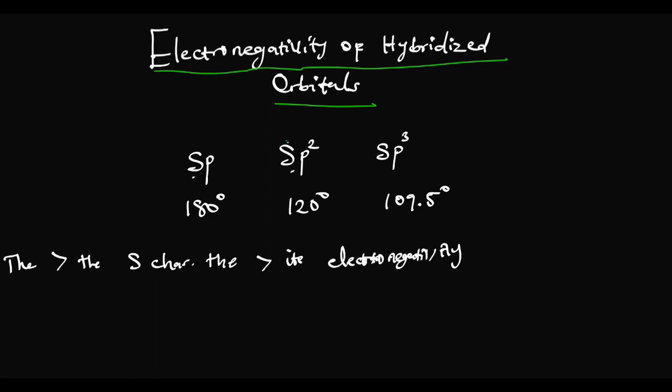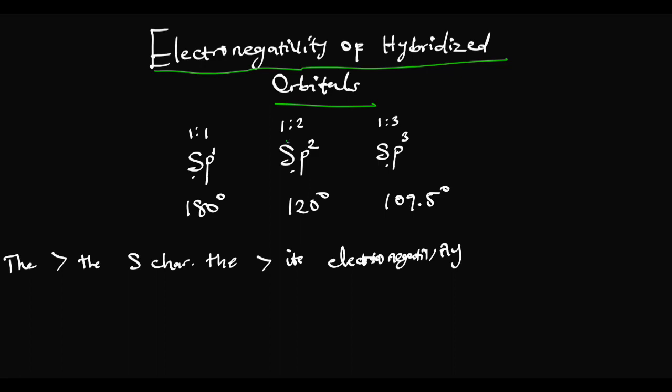Right? So let's know between this and this, which one do you think has the highest s character? Okay, this one has 1:1, right? This has what? 1:2. There's an invisible one here, so this has what? 1:3, isn't it?